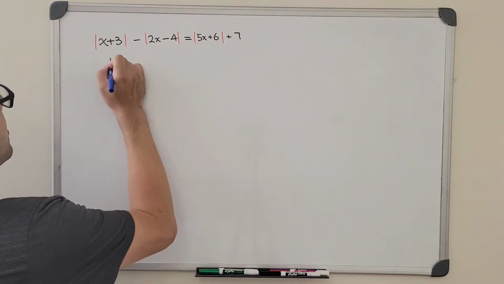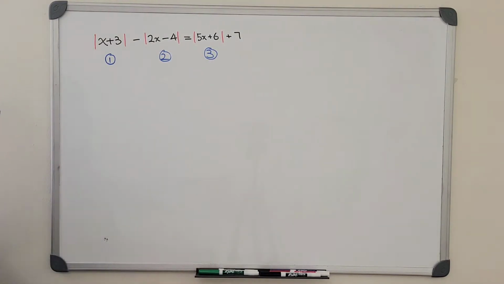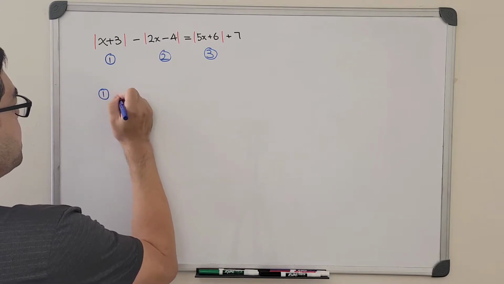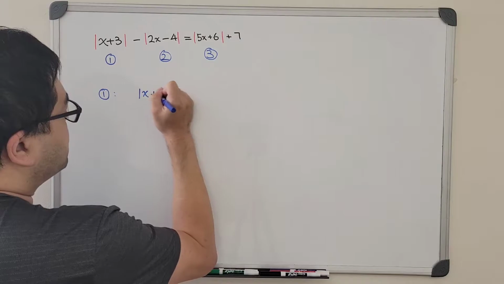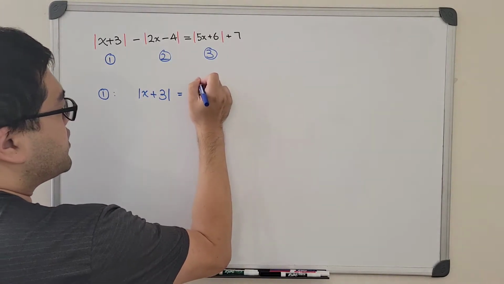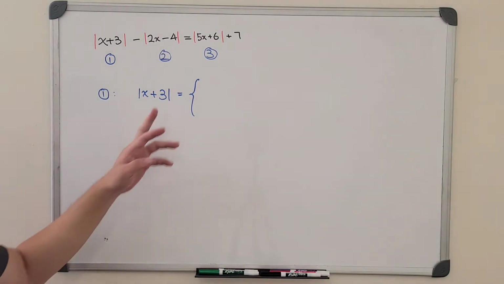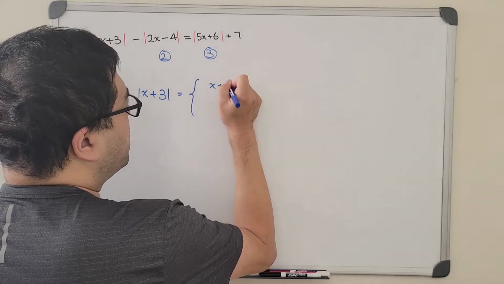So first, let's label the 3 terms 1, 2, and 3 respectively. From the first term, we take the absolute value of x plus 3. We know that this can be written in 2 different ways, either the positive version or the negative version.